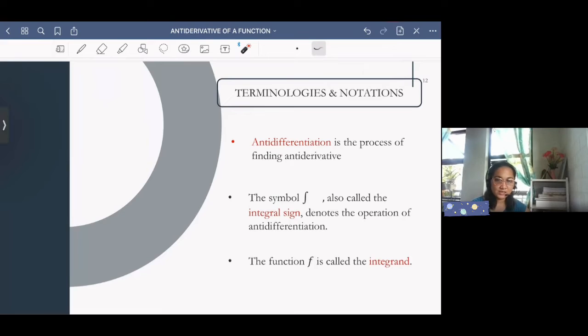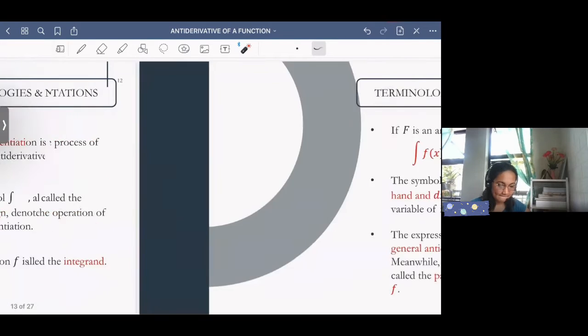Then the function f is called the integrand. A while ago, we dealt with the derivative and antiderivative of a function given by, let's say, cosine x. We had sine x minus 5, sine x plus 100. So our small f is what we call the integrand.